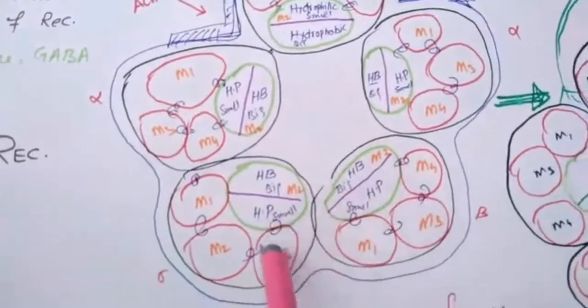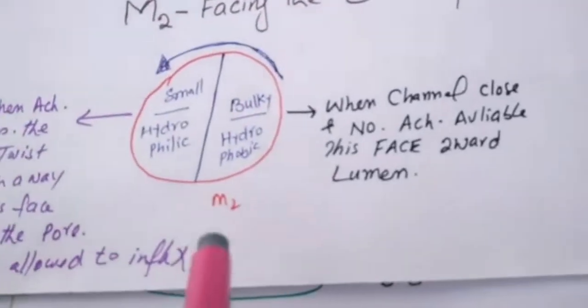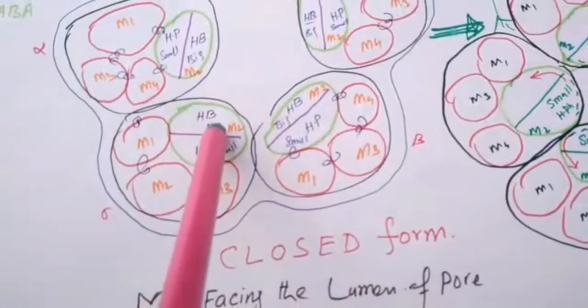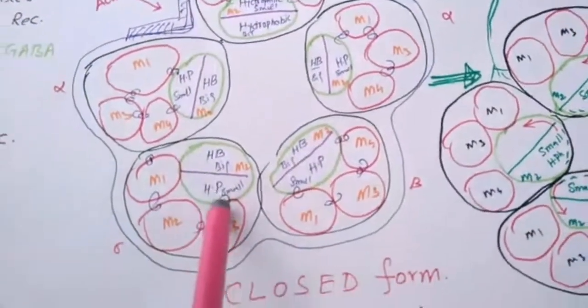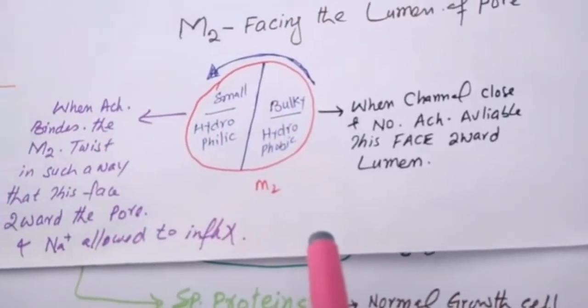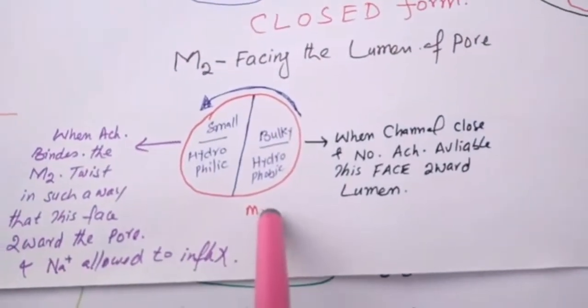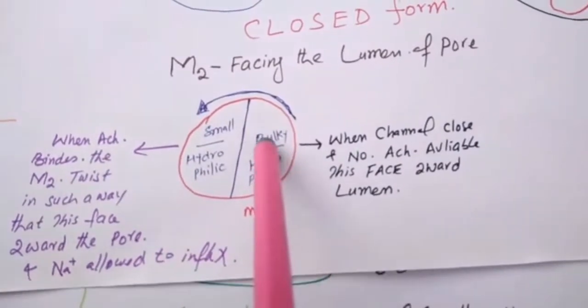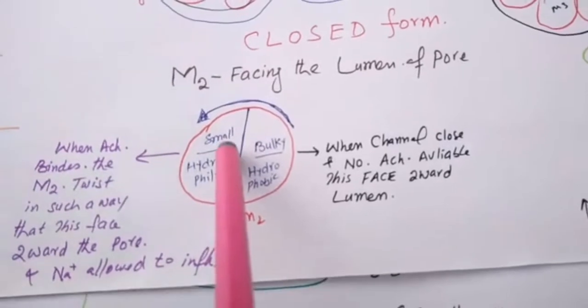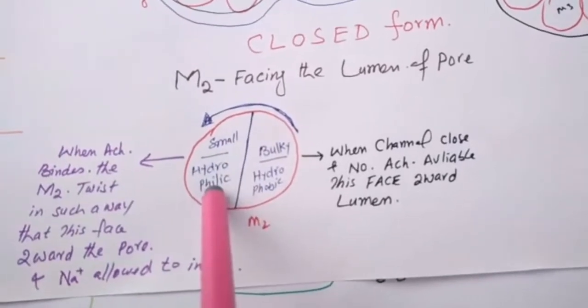So this is the M2 subunit, and now this is M2. The M2 subunit is further having 2 parts. One is a bulky part, hydrophobic, and one is small, hydrophilic.